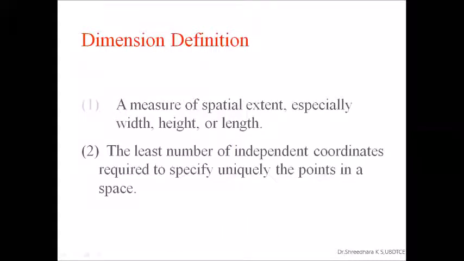Now we'll try to define it. Dimension is a measure of spatial extent, especially width, height, length, or thickness. These are all measurements. The least number of independent coordinates required to specify uniquely the points in a space is the definition of dimension.